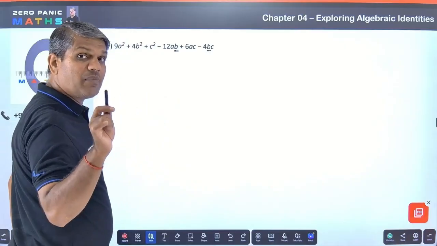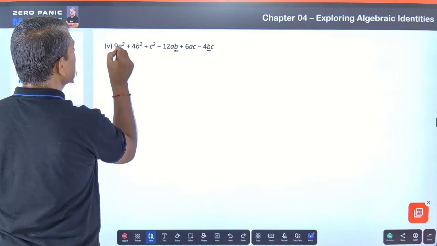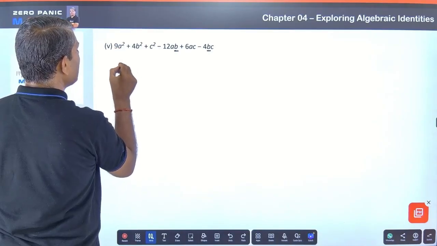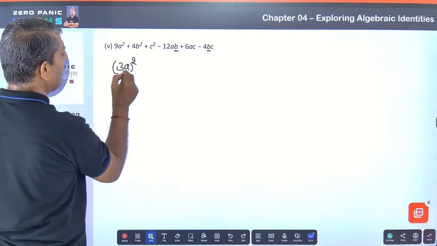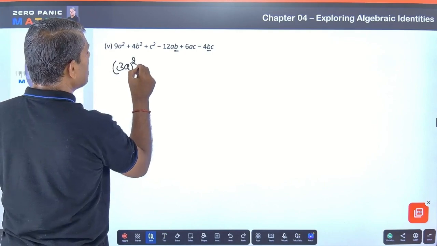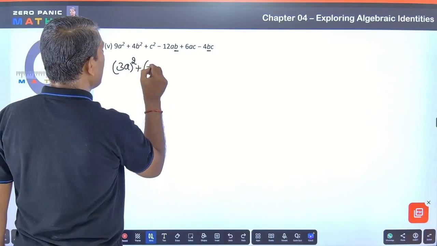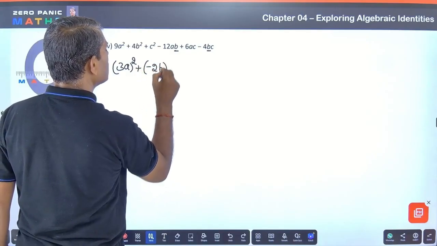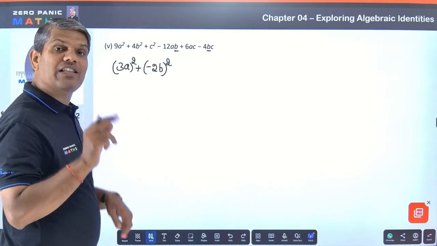Now why I'm explaining all this: I'm going to write 9a square as (3a) whole square, making it a square; the value of a is 3a. Plus, while writing b, I'm going to write (minus 2b) whole square. I'm making minus 2b the value of b.